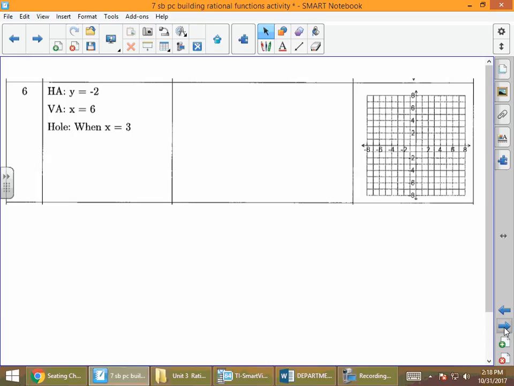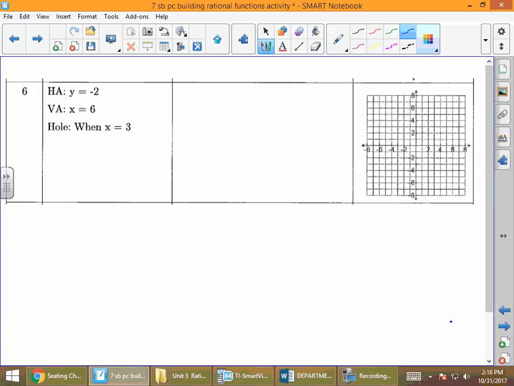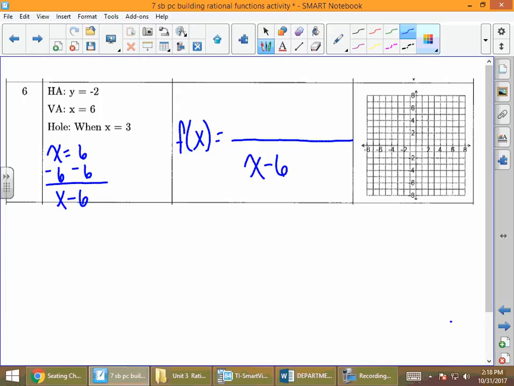So when we start this process, we can do our vertical just like we've been doing. So we can take our x equals 6 and we can subtract 6 from both sides. So we get x minus 6. So that's going to be down here in the denominator. But we're going to have a hole when x equals 3.